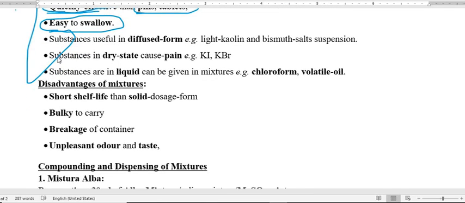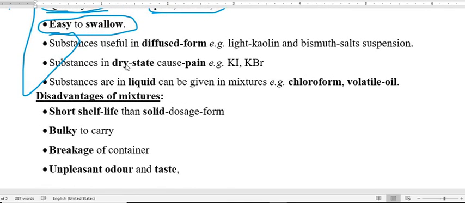The next point is that substances that are usually in dry form may produce pain. So how do you use them? If a dry substance produces pain, you have to make a preparation that does not produce pain, and for that you make the preparation in liquid form, like a mixture.